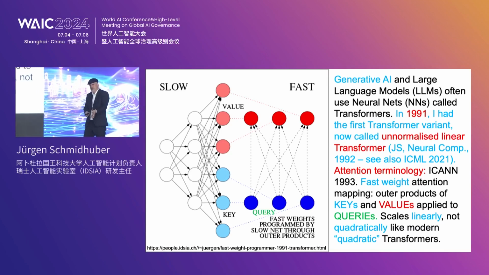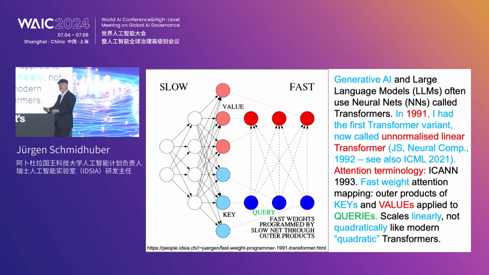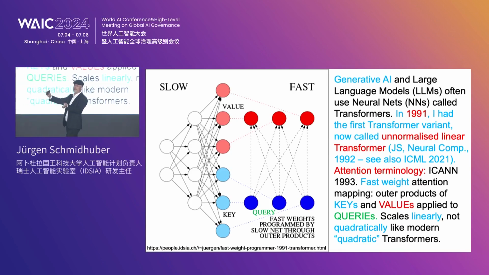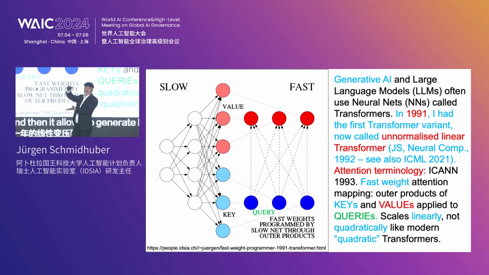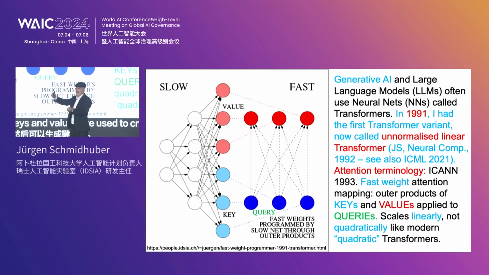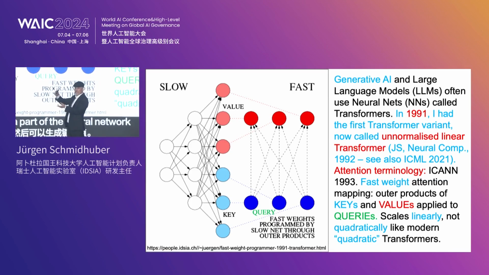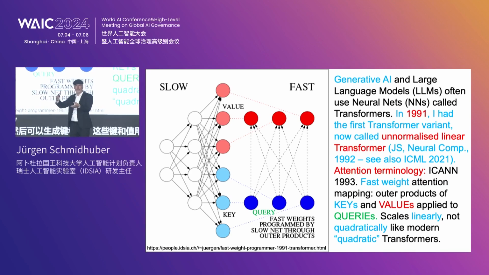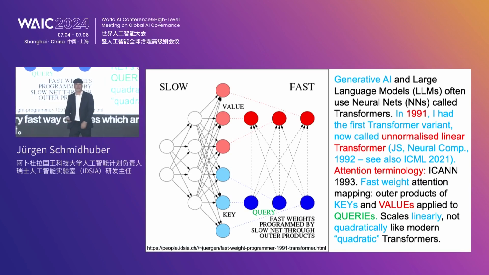So also there, you have a network that sees the incoming data, and then it learns to generate keys and values, and these keys and values are used to create a fast weight mapping in a part of the neural network that learns really quickly, that has very fast weight changes, which are then being applied.